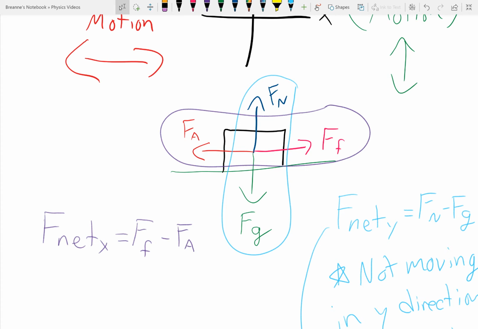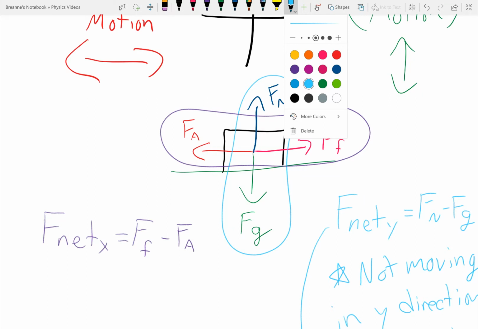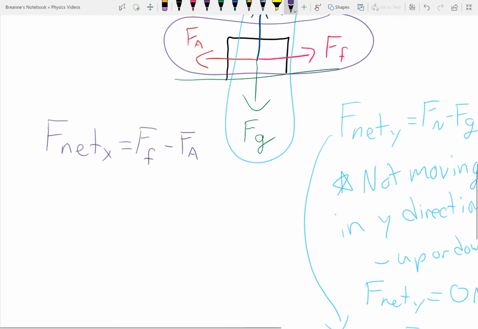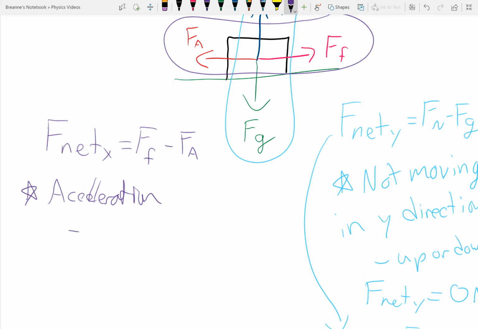With your net force in the x, it depends on whether it is moving or not, or if it's moving at constant velocity. If you have an acceleration, that means you do have a net force in the x. That means it will be a number, an actual tangible number.